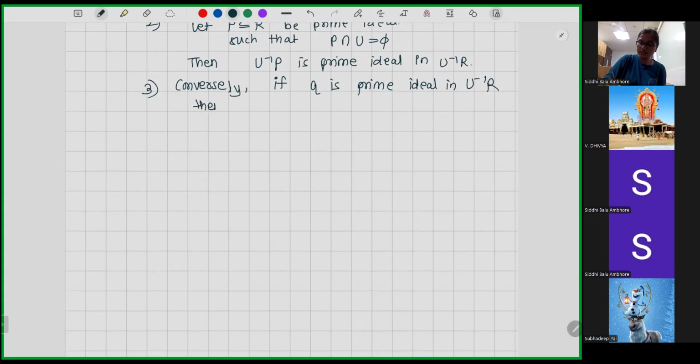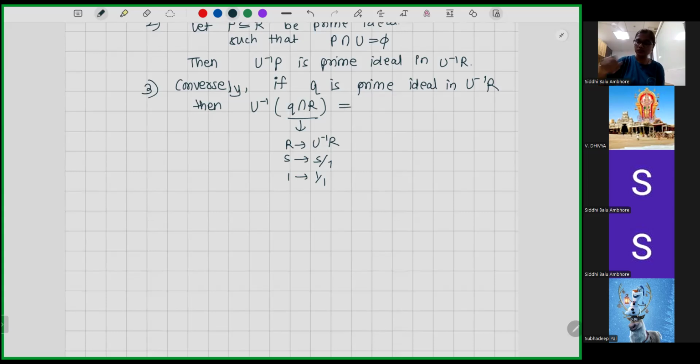Then this Q intersection R is the inverse image of the natural map R going to S inverse R, where a goes to a by 1. So this Q intersection R is the pre-image of this prime ideal Q.